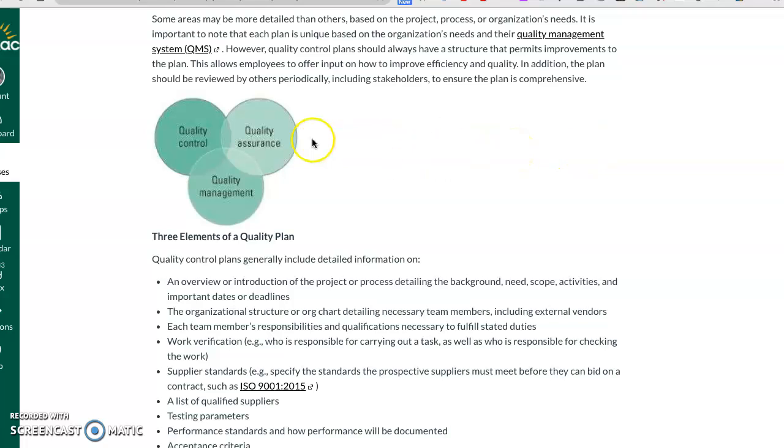That means, are we getting quality supplies to work with? Do we have a procedure, in other words, a flow chart, that has all the right steps in all the right order? So that is part of quality assurance. Do we have enough people on the job? Do we have the proper training for these people on the job? So that's all quality assurance.